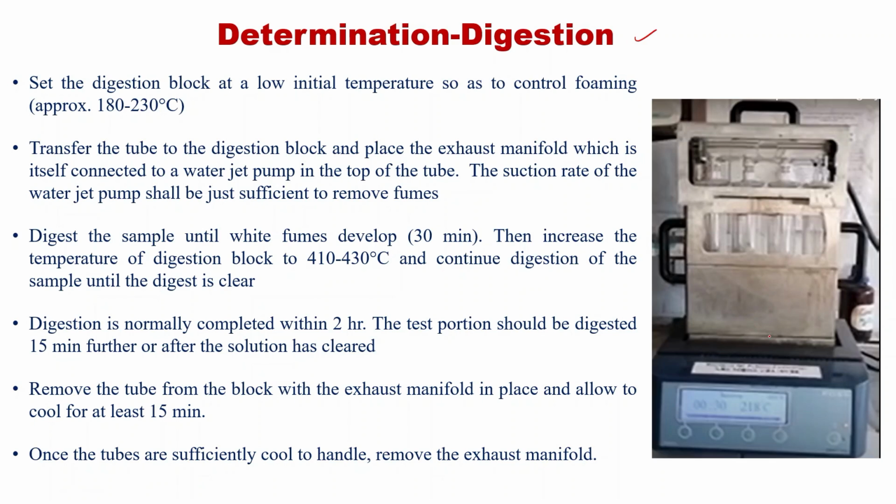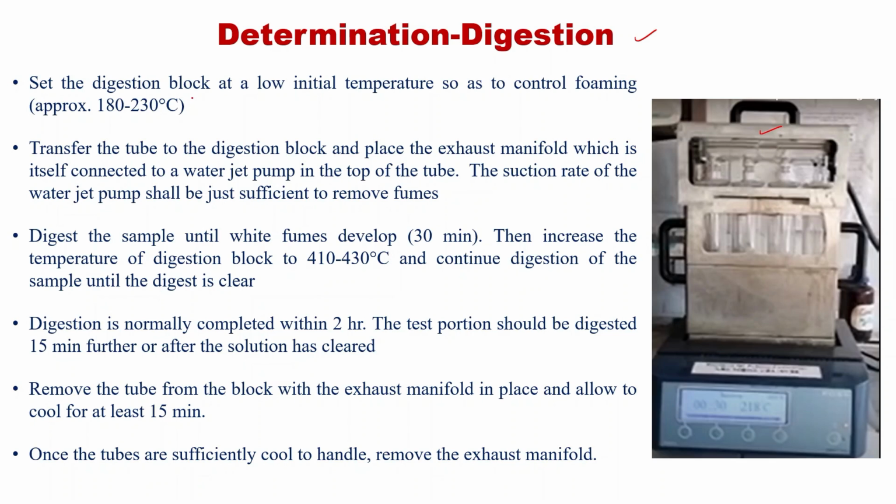So this is the ND force Kjeldahl machine. Here we can see that 8 samples can be digested at a time. You place all the tubes at the positions, and then place the cover on the tubes.